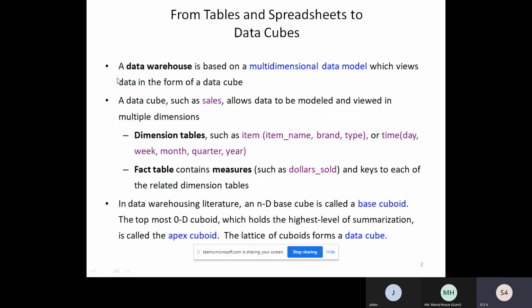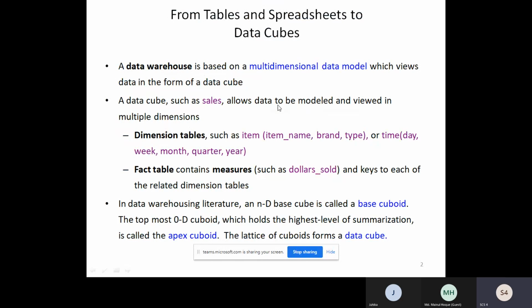And you already know that when we discuss the data warehouse, we give importance to the multi-dimensional data model. It means we try to view the data with respect to more than one dimension, generally more than two. So a data warehouse is based on a multi-dimensional data model that views data in the form of a data cube.